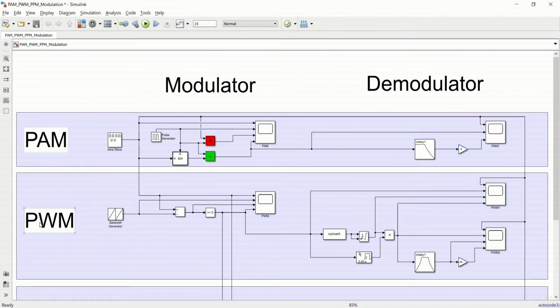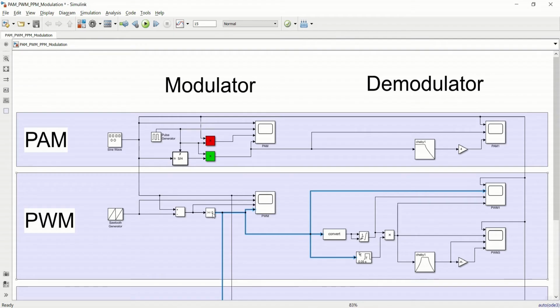That is, we need to convert pulse width modulated somehow to a pulse amplitude modulated signal, and then we will use a low pass filter, and eventually we will get back our message signal. Now in order to convert the pulse width modulated signal to a pulse amplitude modulated signal, we have these four blocks that we have used, and let us see what these blocks are.